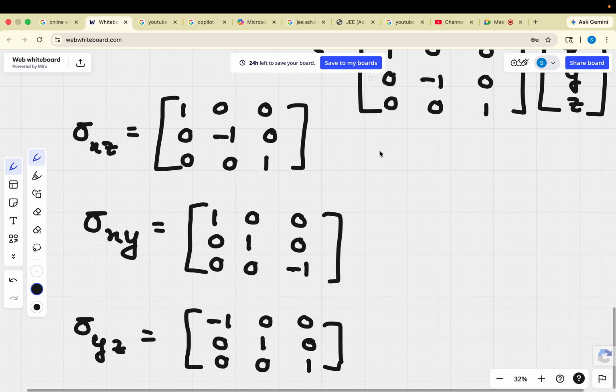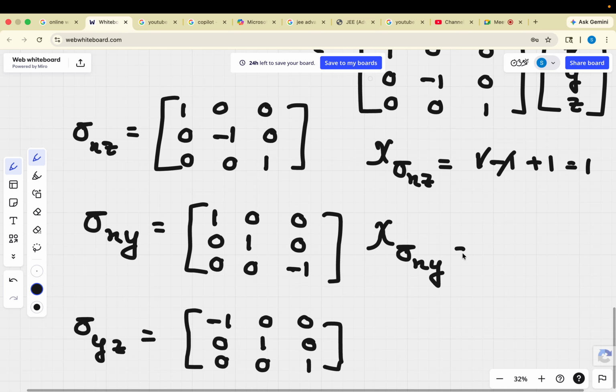If I find out the character or trace chi of sigma xz, that means you have to add along the diagonal. So I am getting 1 minus 1 plus 1, so you are getting only 1. If I find out chi value for sigma xy plane, you just add along the diagonal.